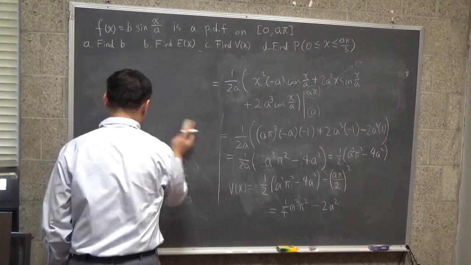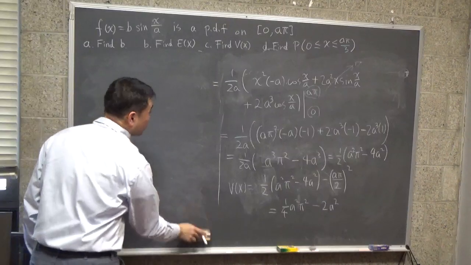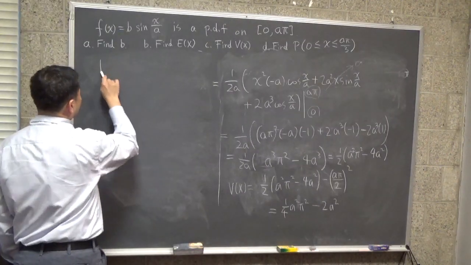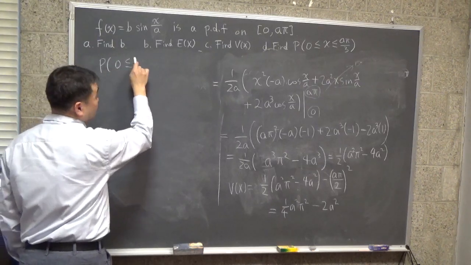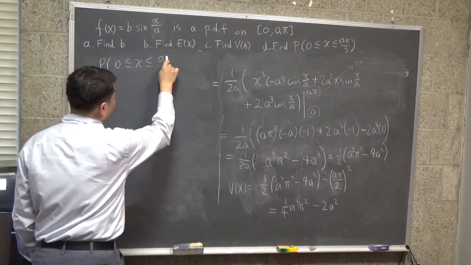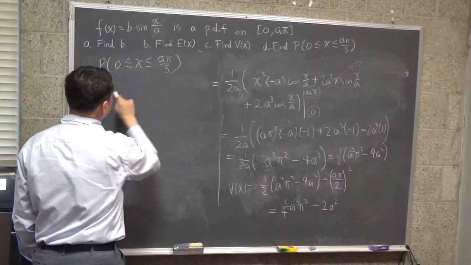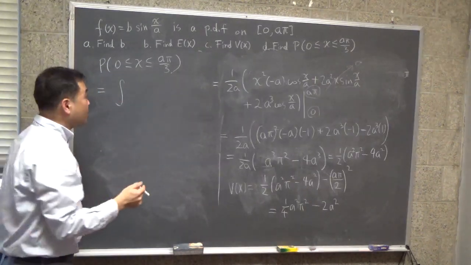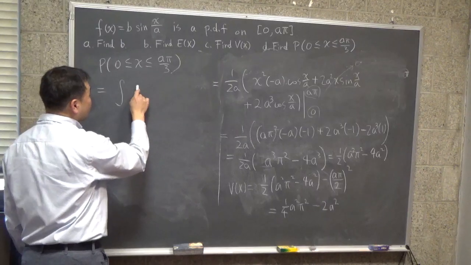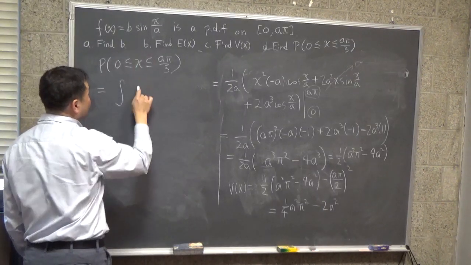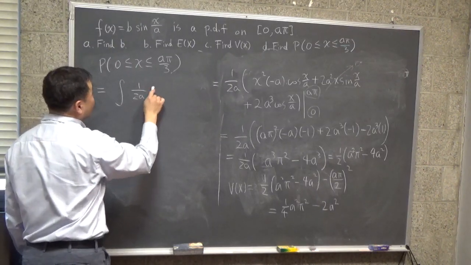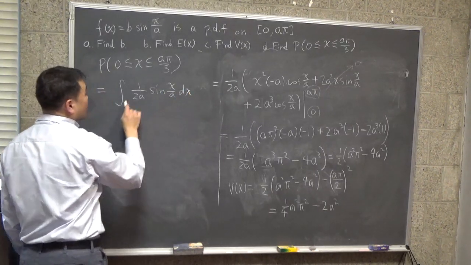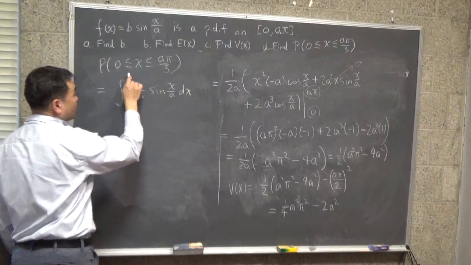Okay, finally, we have probability of 0 less than x less than a pi over 3. To get the probability from the PDF, you just integrate that PDF function, which in our case is 1 over 2a sine x over a dx on the given interval 0 to a pi over 3.